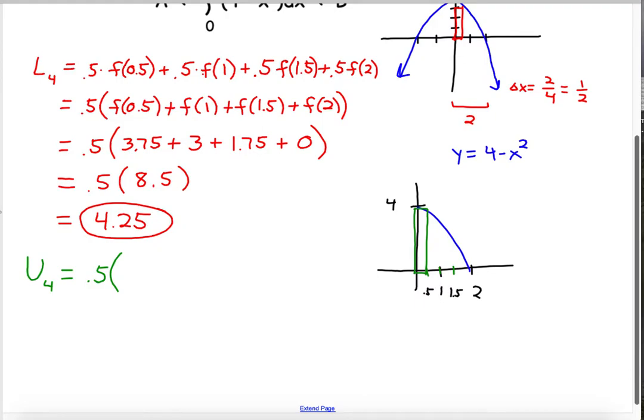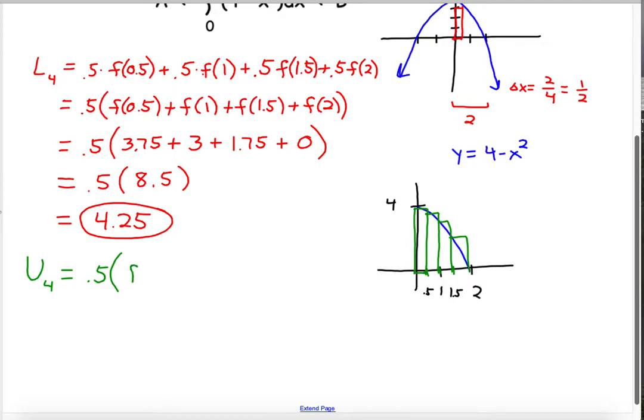And then when I look at the interval from 0.5 to 1, I'm going to want to choose f of 0.5 to approximate the height of my next rectangle. And then the interval from 1 to 1.5, I'm going to use f of 1 to approximate the height. And then from 1.5 to 2, I want to evaluate it at 1.5. So all those rectangles are going to over-approximate.